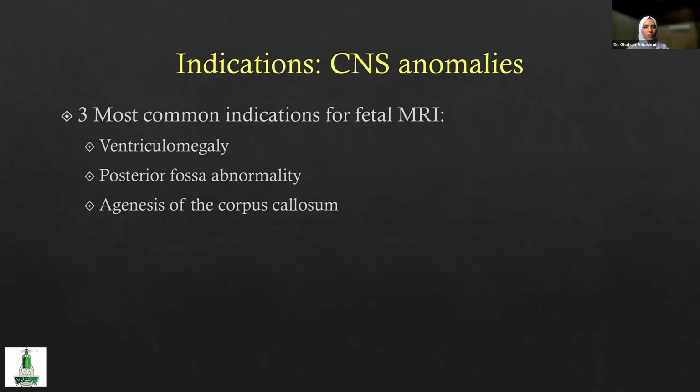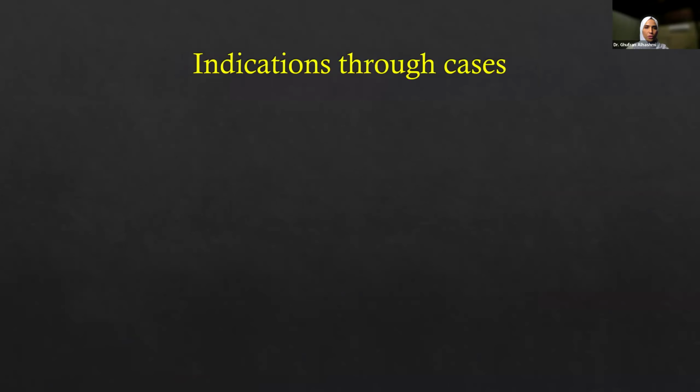However, the three most common indications for fetal MRI currently are for the evaluation of ventriculomegaly, posterior fossa anomalies, and agenesis of corpus callosum. So we'll go over some cases to show examples of these indications.